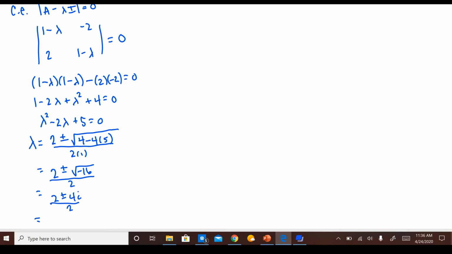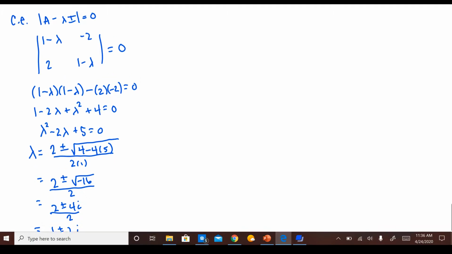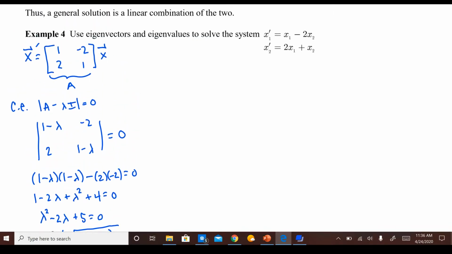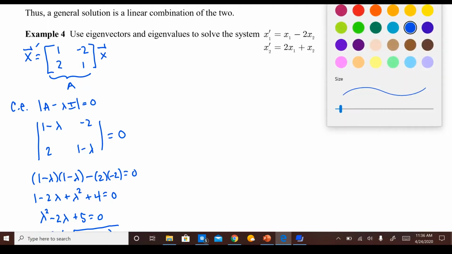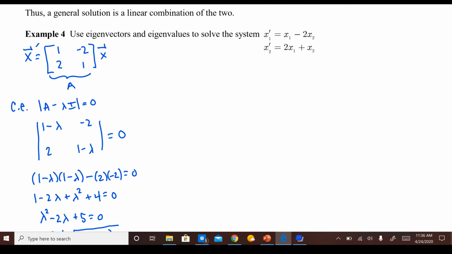So our complex conjugate pair looks like 1 plus or minus 2i. So we have two distinct complex conjugate solutions for our characteristic equation. Now, we are going to choose one of those solutions to work with, one half of our pair. And let's choose lambda equal to 1 plus 2i.